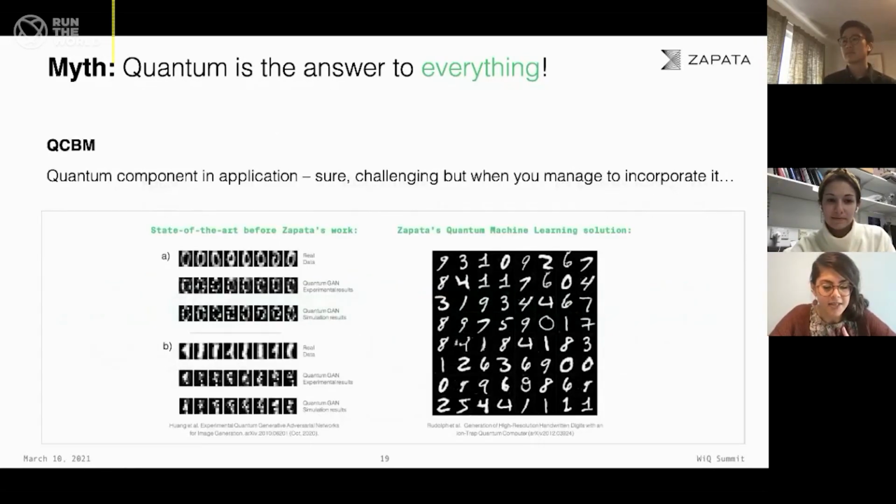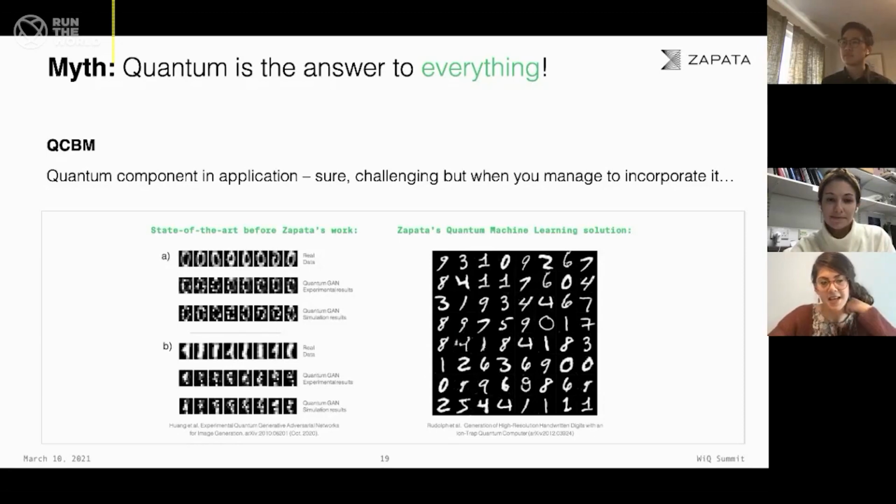And another small thing is that, okay, I said that it's not straightforward to find a way to introduce some quantum component in a classical problem. But when you actually manage to incorporate a component in a smart way in your algorithm and in your problem, then some astonishing results can be obtained.